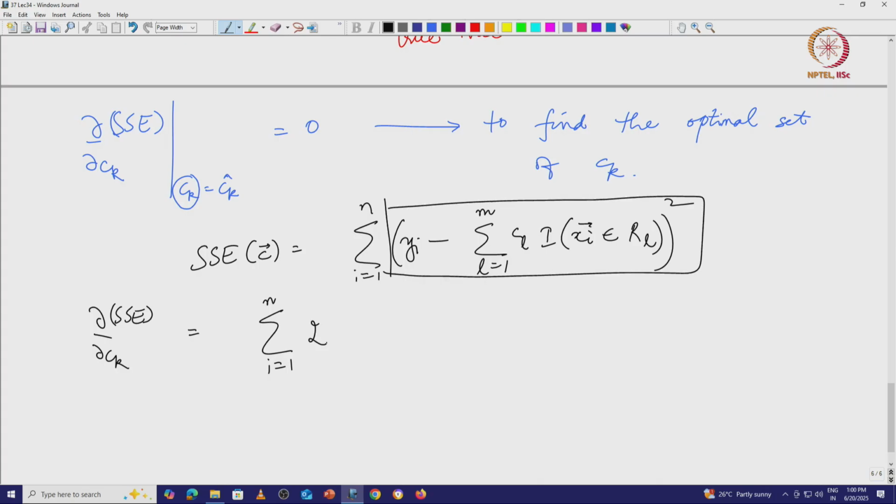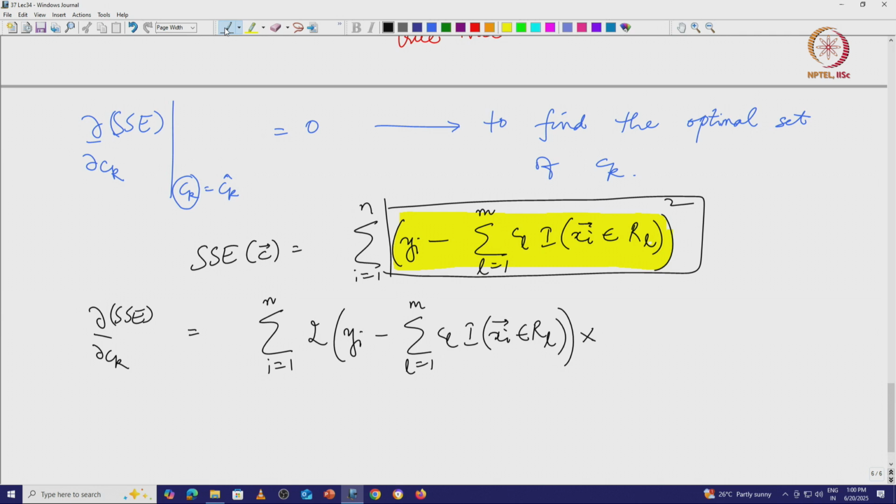So, that becomes twice of yi minus sum L going from 1 to m of Cl times the indicator function of xi belonging to the region Rl, times the derivative of whatever is inside the parenthesis here with respect to Ck. That is the application of the chain rule, and as in many machine learning models including neural networks, chain rule is really important, right.